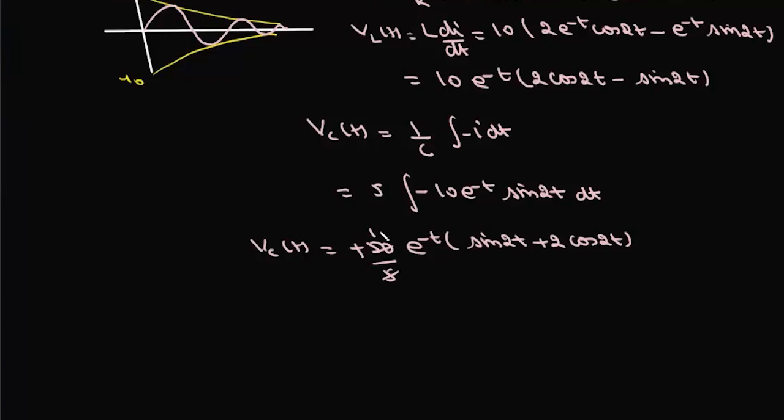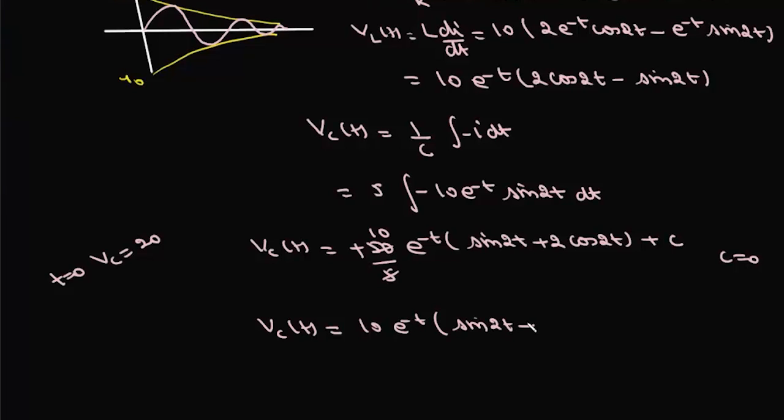So it will be this 10 plus integration constant C. Now we know that at t equals 0, voltage across capacitor is 20 units. So from here we'll get this C as 0. So voltage across capacitor at any time t will be given by 10 e to the power minus t, sin 2t plus 2 cos 2t.